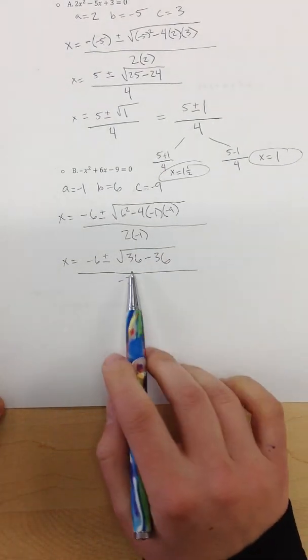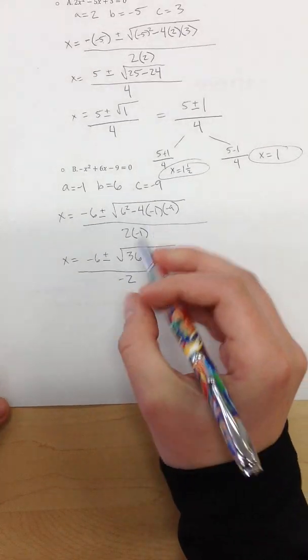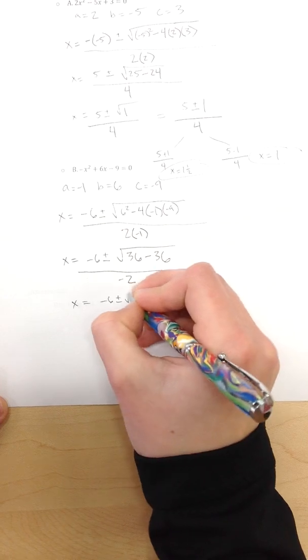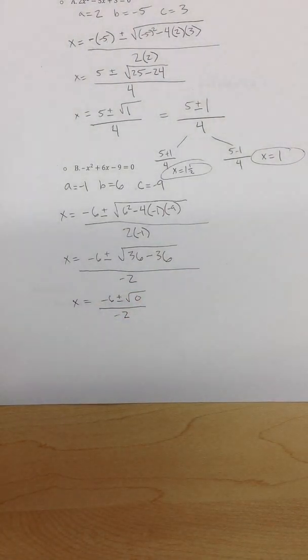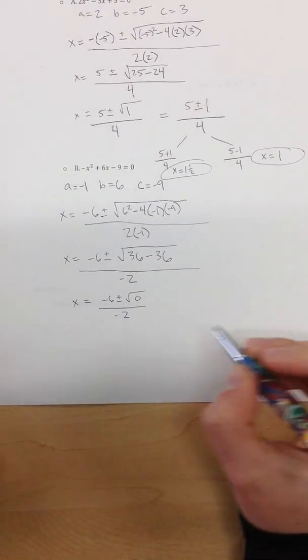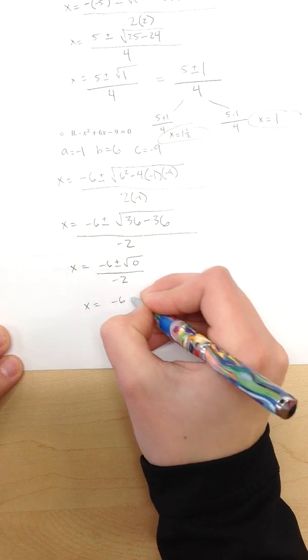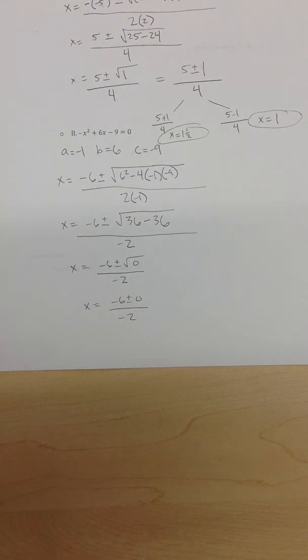And then here I know if I do 36 minus 36, that comes out to be 0 there. So this would be x is equal to -6 plus or minus square root of 0 over -2. When I do the square root of 0, it comes out to be 0. So this would be x is equal to -6 plus or minus 0 over -2.